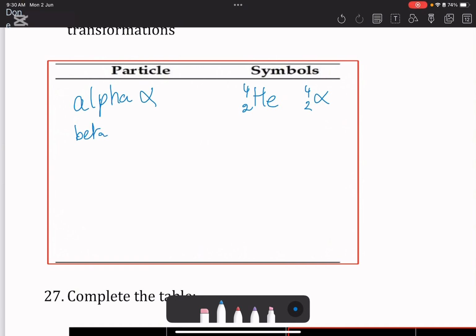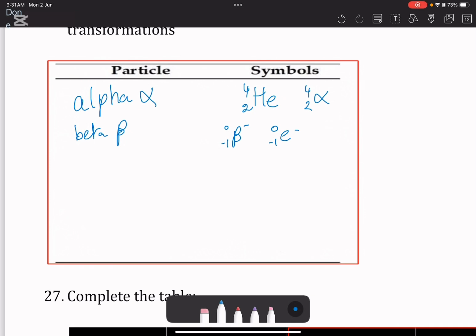We also have the beta, that's the symbol of beta. In the beta you can either write it like that, or beta minus, or simply e minus, the electron. 0 and -1, so it's negative. It has a 0 mass number and the atomic number is -1 with a negative charge.